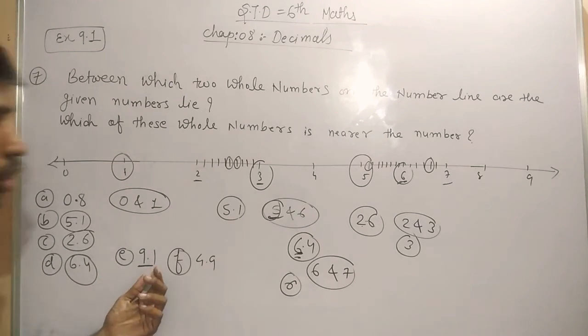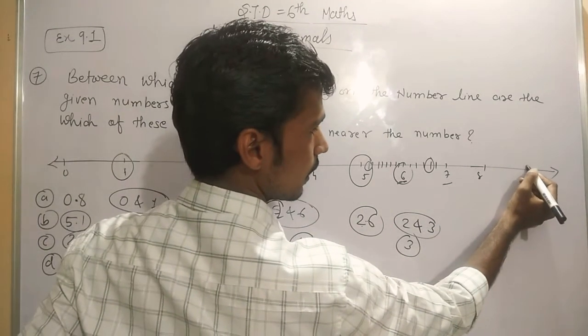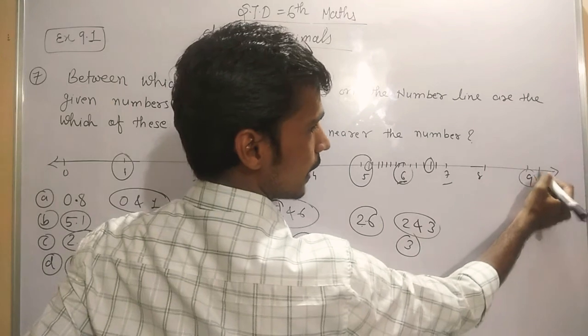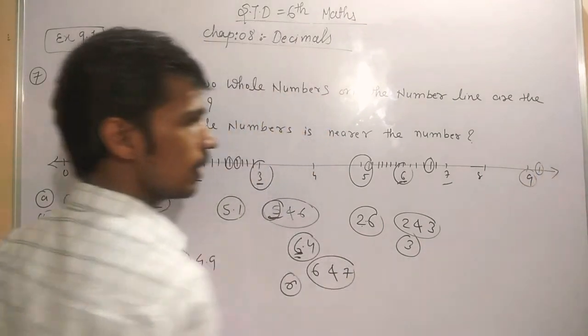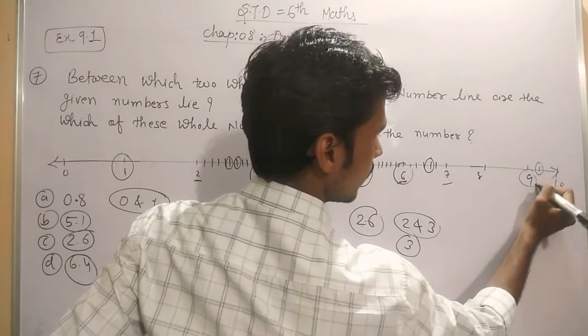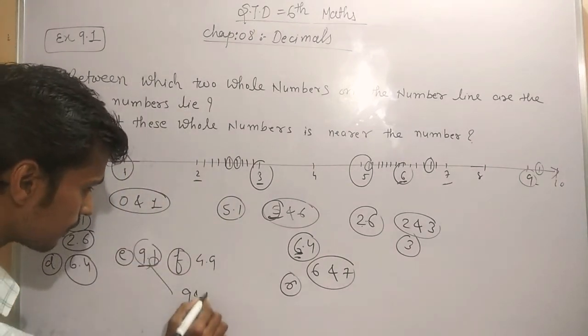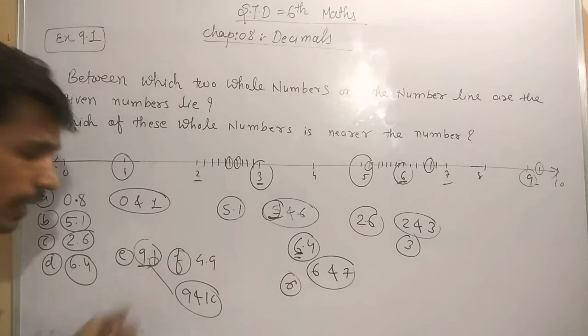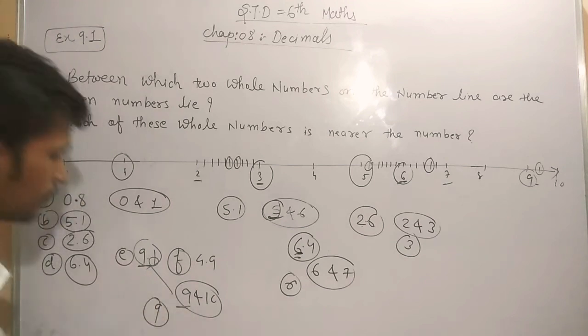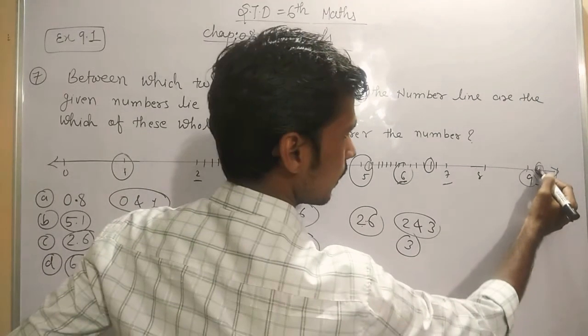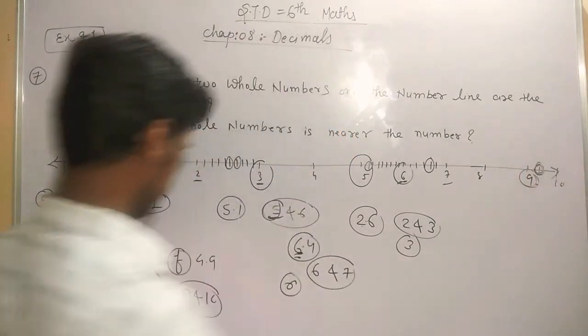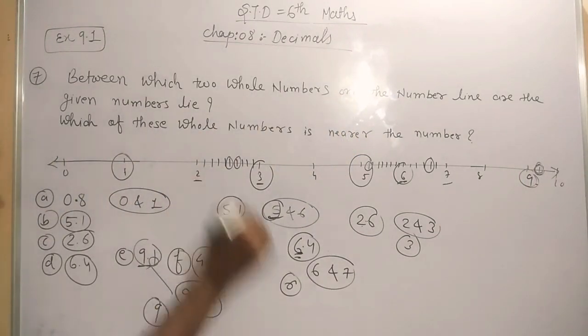9.1. So students, 9.1 is here. 9.0, then 9.1, and 9.1 lies between 9 and 10. This number is nearer to 9. You can see here, nearer to 9. Next, 4.9.